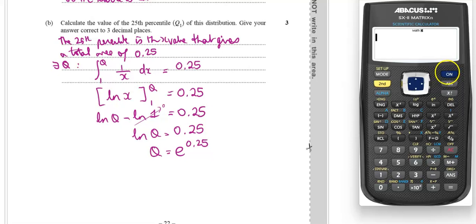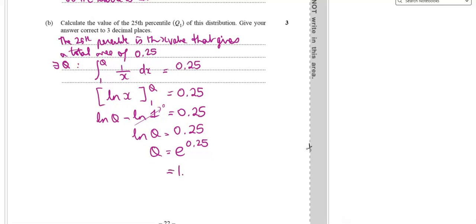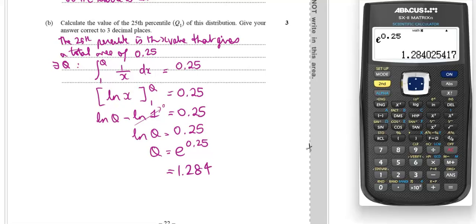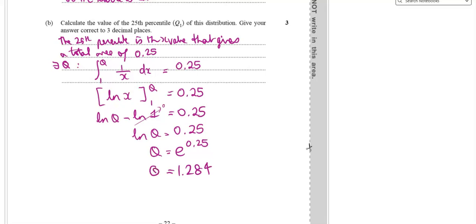We can evaluate that. So e to the 0.25 equals 1.284 and so on. But to 3 decimal places, it's 1.284, and that's the answer.